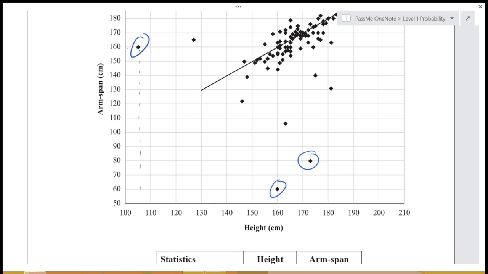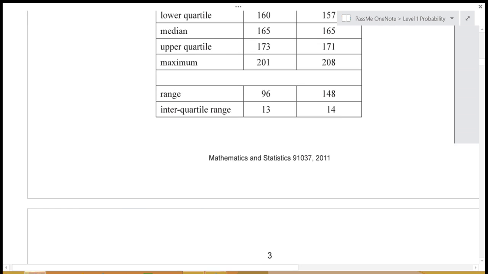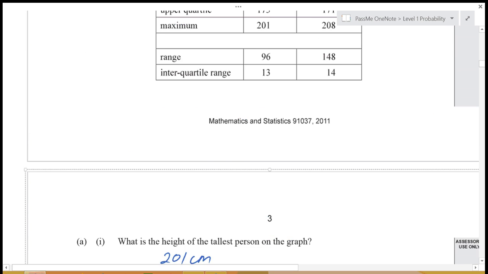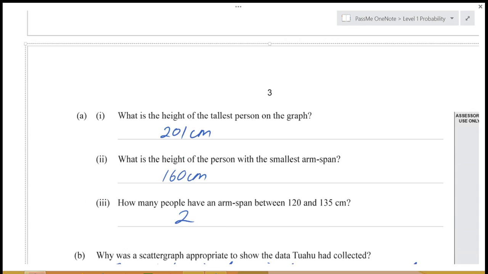Okay, our next one, our height is 160 and our arm span is 60. So 160 centimeters and arm span was 60 centimeters.